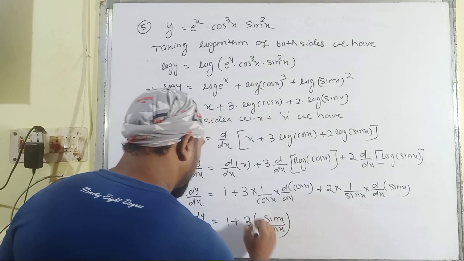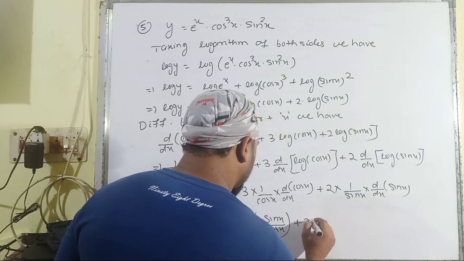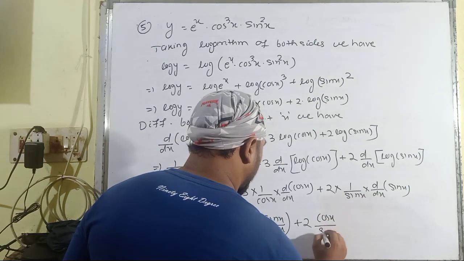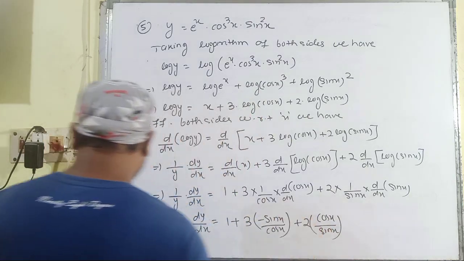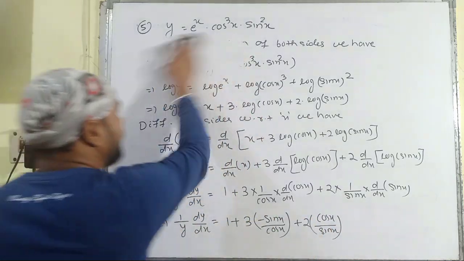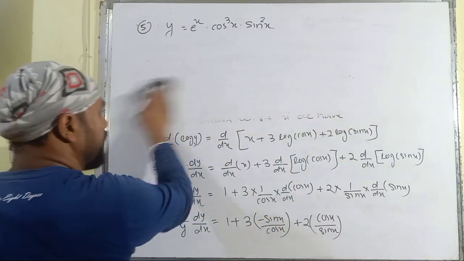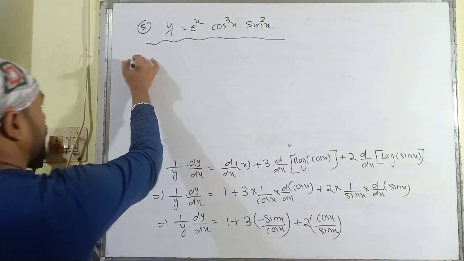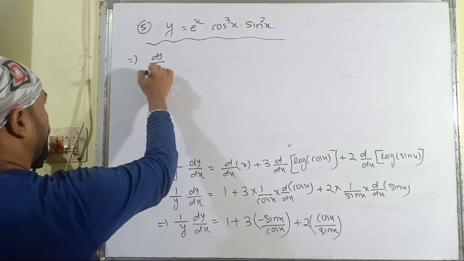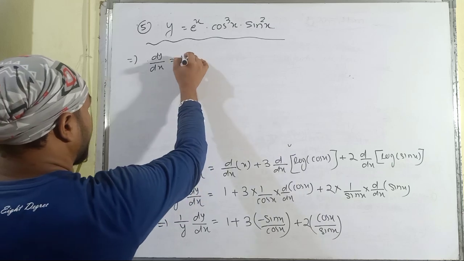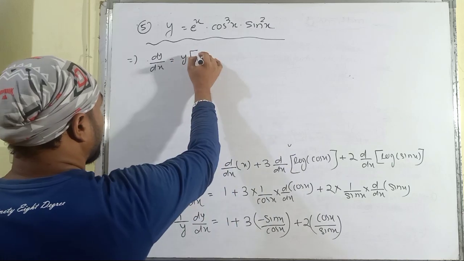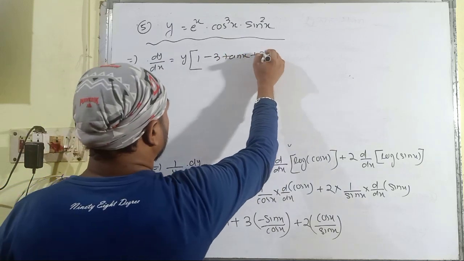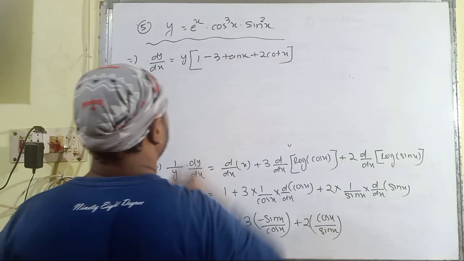plus 2 multiplied with the differentiation of sin x, which is cos x divided by sin x. We just have to simplify the last step here. The differentiation of y with respect to x is given as y multiplied with (1 − 3 tan x + 2 cot x).